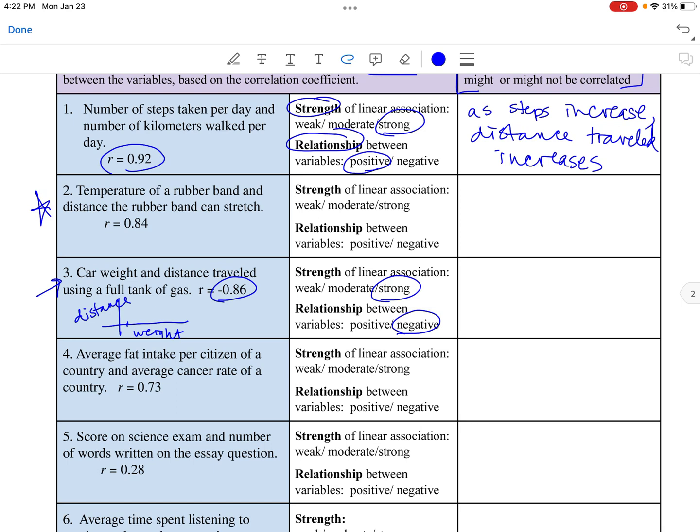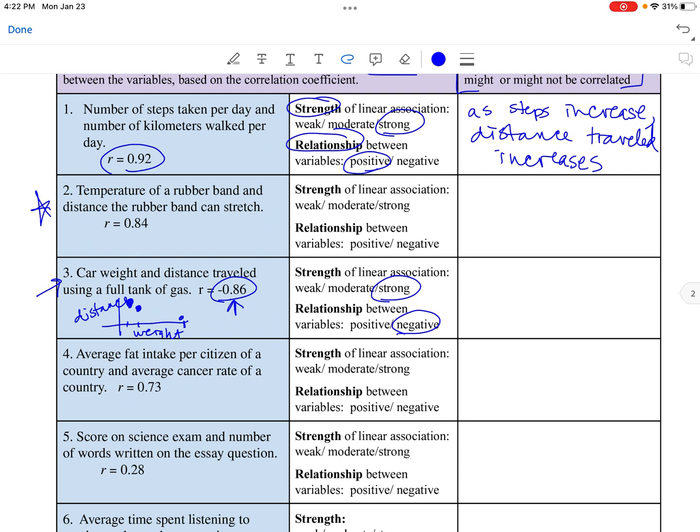So here's a car that's not very heavy. We might put a data point here. It can get pretty far on a tank of gas. Here's a car that's a little heavier. It might not get quite as far. A really heavy car up here might really not go very far at all on a full tank of gas. But it's not quite as strong as the other ones, right?